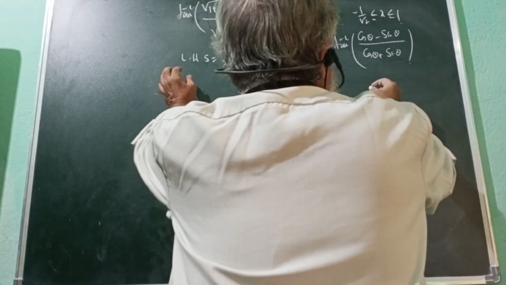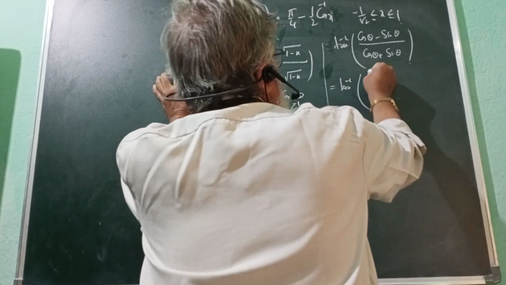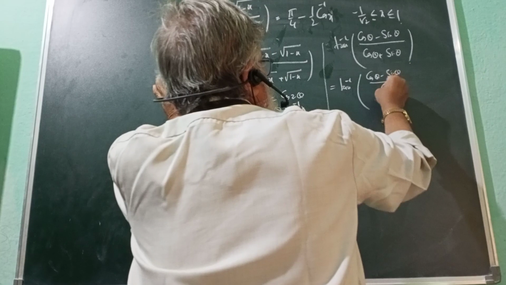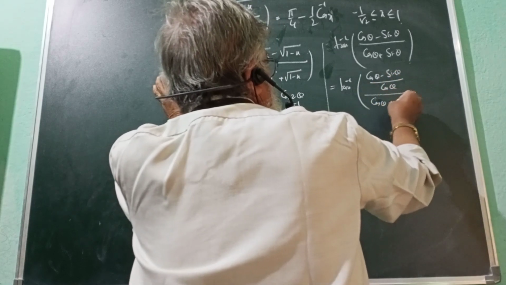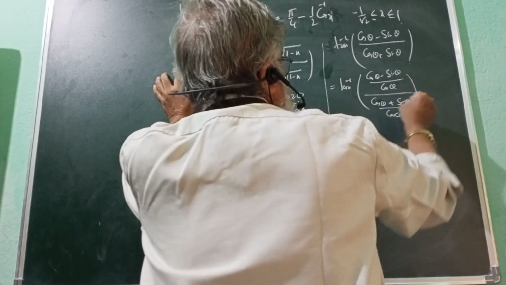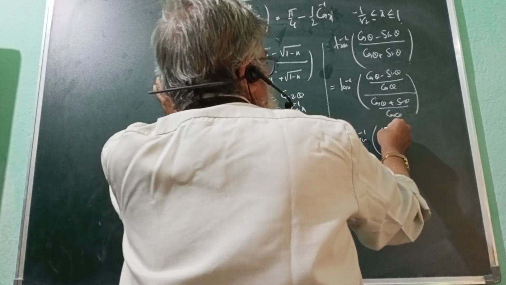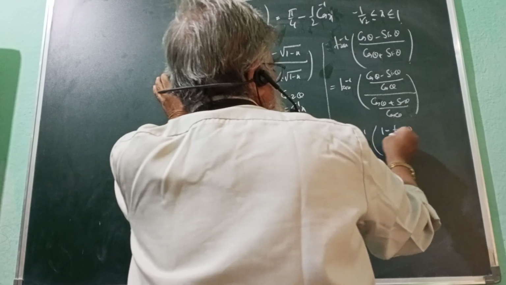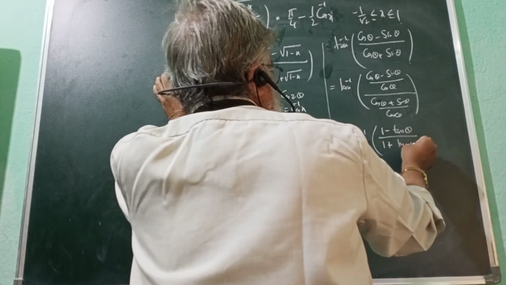So we write this as tan inverse of, dividing numerator and denominator by cos theta, sin theta divided by cos theta. You know that is equal to tan inverse of cos theta by cos theta is 1, sin theta by cos theta, that will be tan theta, 1 plus again tan theta.